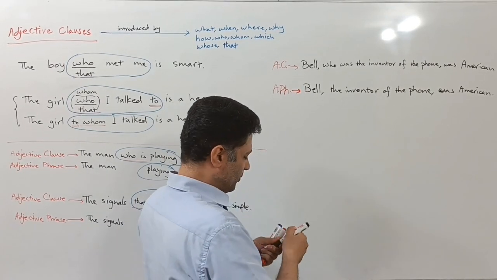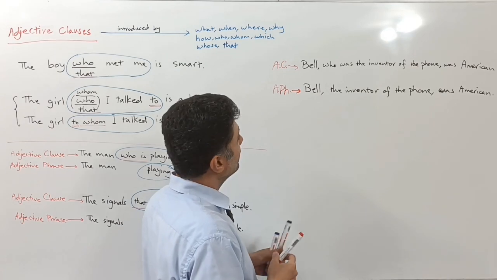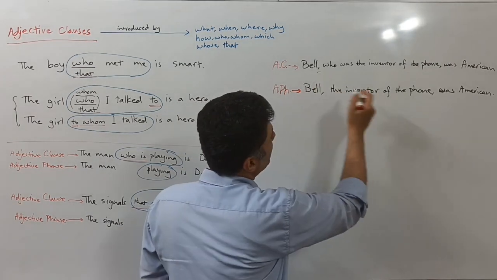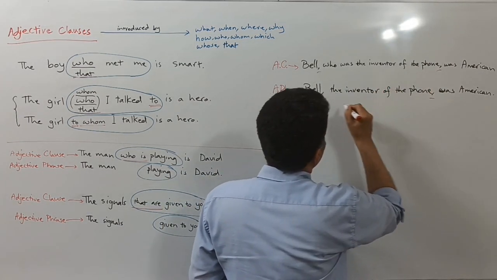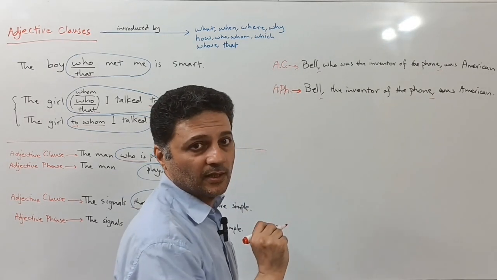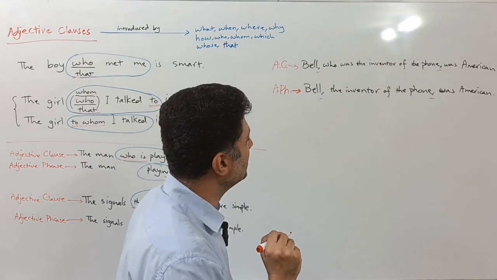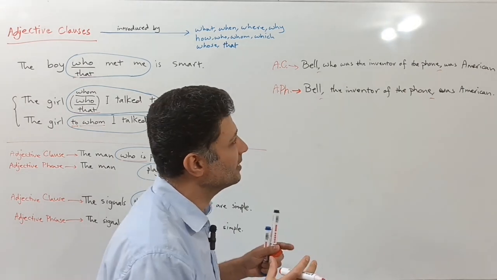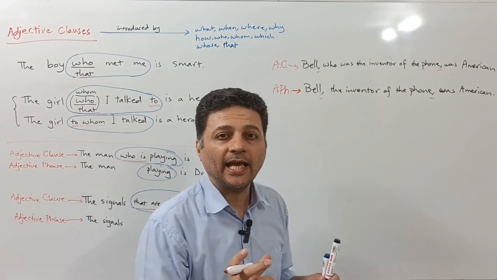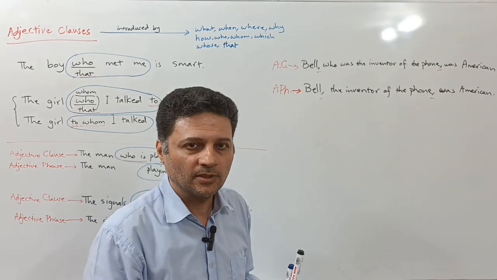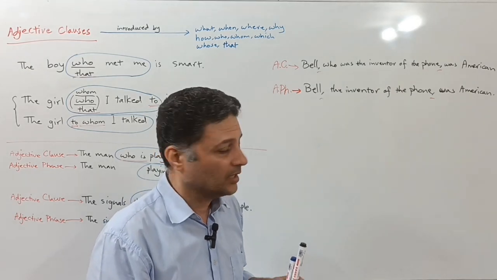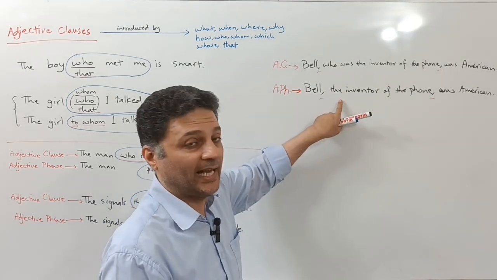And if you noticed, there's a pair of commas here I used. This shows we are dealing with some kind of additional adjective clause, all right? And also an additional adjective phrase.